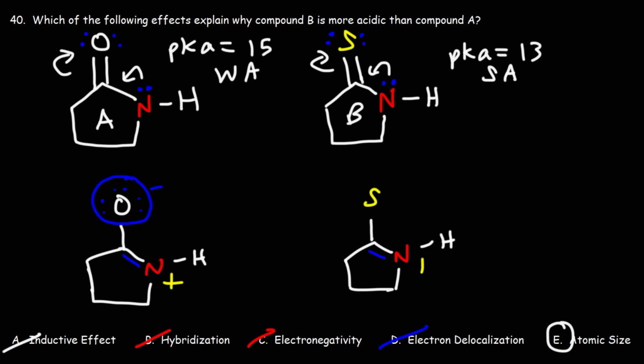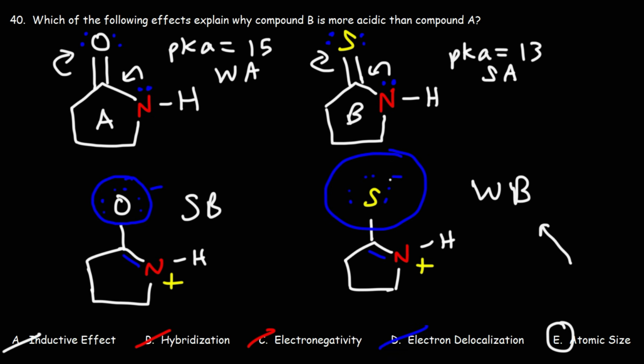The nitrogen will also have a positive charge, but the sulfur atom is much bigger than the oxygen atom, and so it has more room to stabilize the negative charge, which means because of the size of sulfur, it can stabilize the conjugate base better. So this is a weaker base, this is a stronger base because the negative charge is more concentrated in a smaller region.